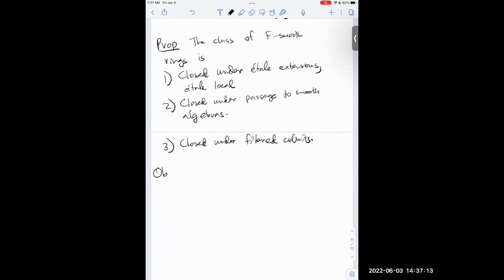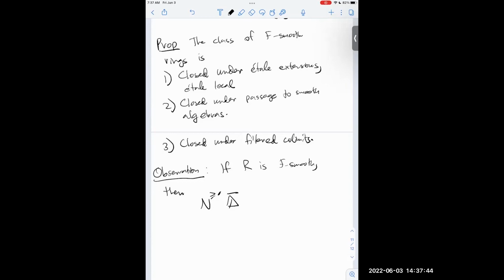There's an observation that one makes here, which is related to theta being a periodicity operator: if R is F smooth, then take the Nygaard filtration not on the prismatic complex of R, but on the Hodge-Tate complex of R, which you define by reduction on the prismatic ideal.